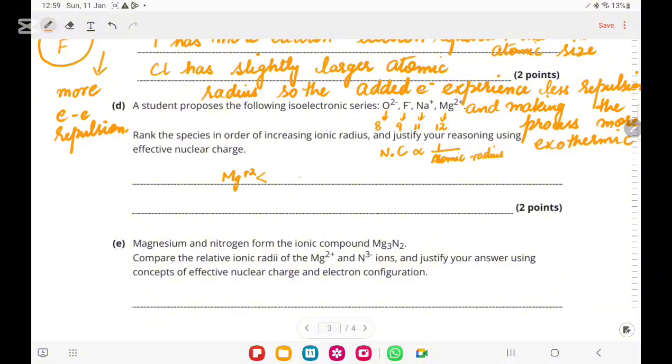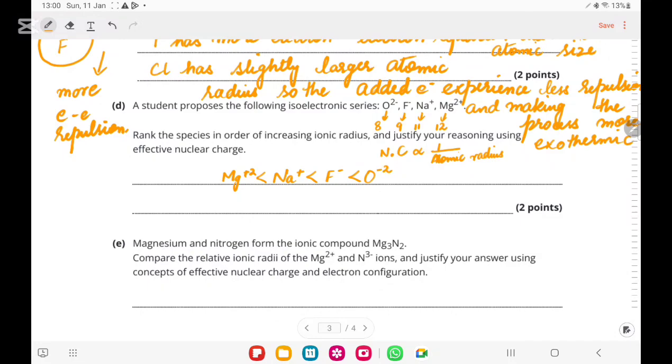Then we have Na positive, then F minus, and oxygen, which has the lowest atomic number and lowest nuclear charge, is going to have the greatest atomic radius.